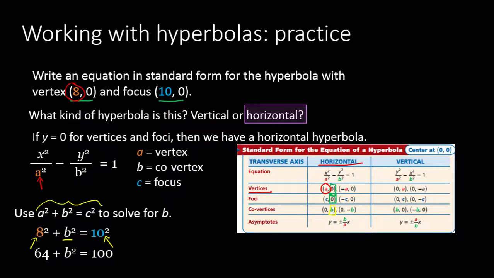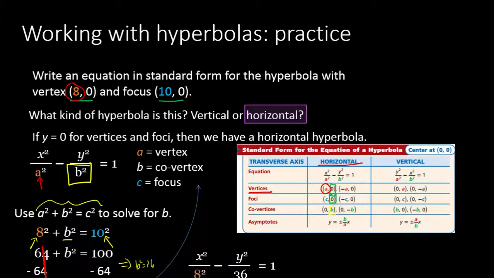So I just solve as normal. Just reviewing this very briefly, that means that b squared equals 36. So I'm able to fill that in for the y term and complete my equation. Notice that I didn't even bother actually solving for b because I wanted b squared in my equation anyway.